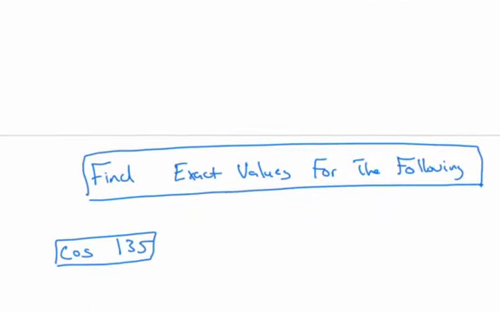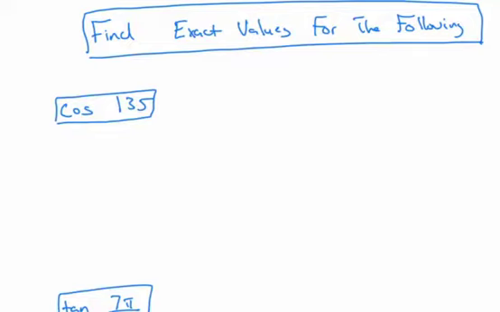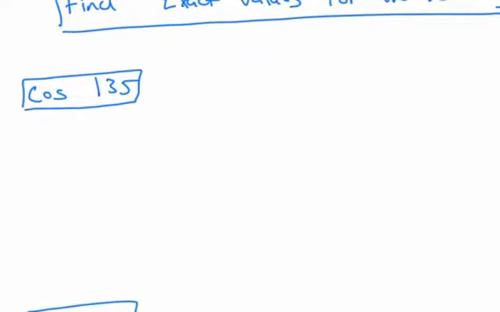So the first thing I'm going to do is work out the value for the cosine of 135. Now I don't have the XY grid here anymore, and some of you may be able to do this mentally, but I'll just consider this a rough sketch. So 135 degrees, we're going to come here 90, and then go another 45.